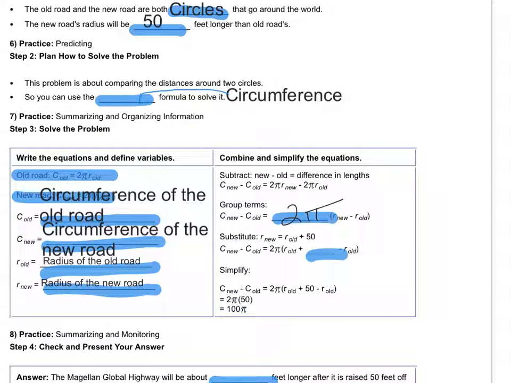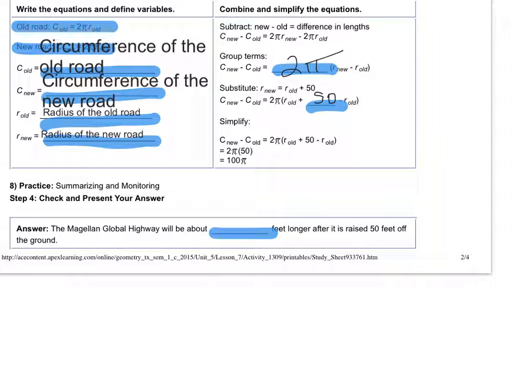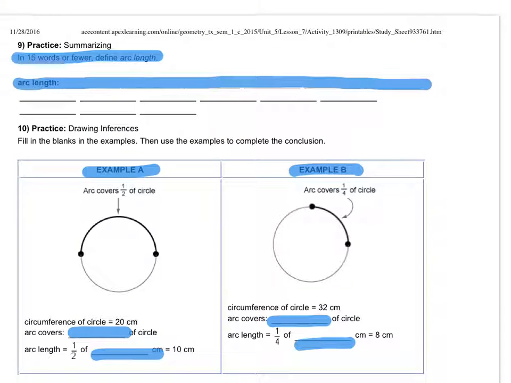So when we substitute it in, the radius of our old plus 50, because the new road is going to have a radius that will be 50 feet longer than the old road. So once we calculate everything, we end up with 100 pi. And once we estimate it, the Magellan Global Highway will be about 314 feet longer after it is raised 50 feet off the ground.